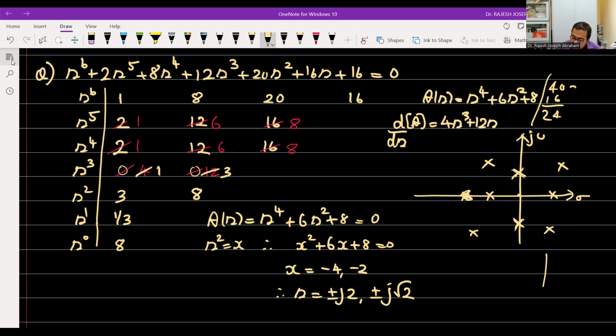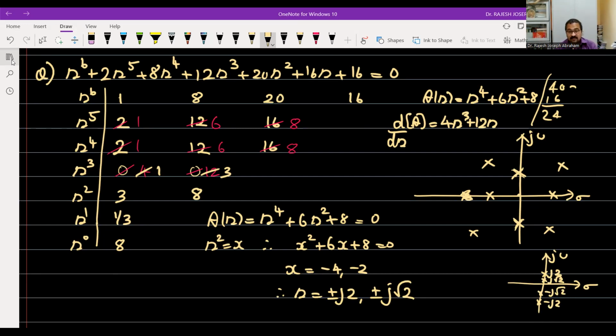Okay, so this is the case. On the sigma j omega plane, there is a j2 here, a minus j2 here, a j root 2 here, and a minus j root 2 here. So what can you conclude about stability?